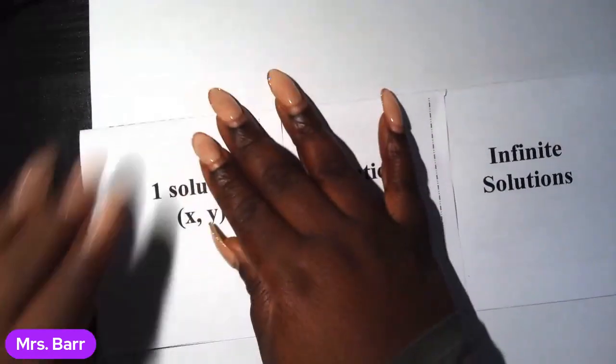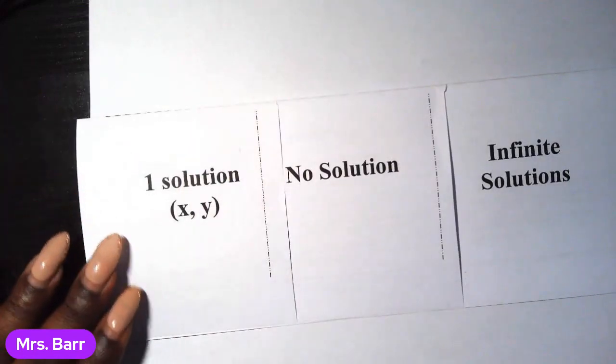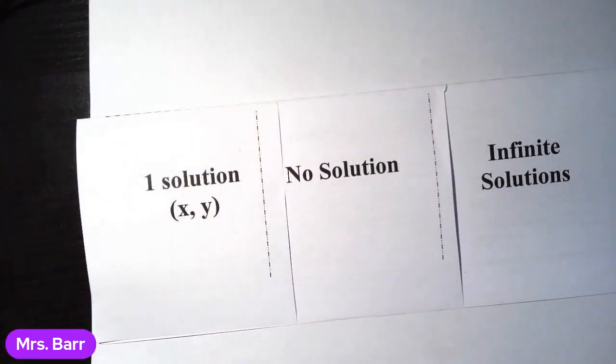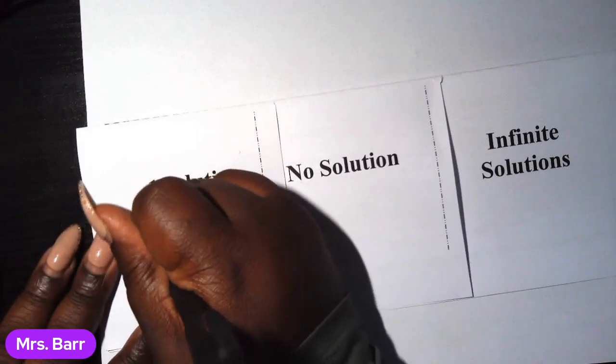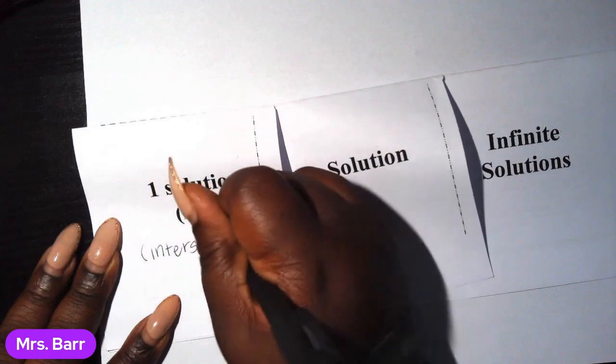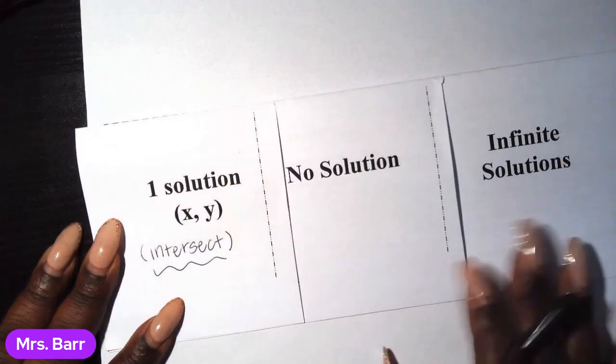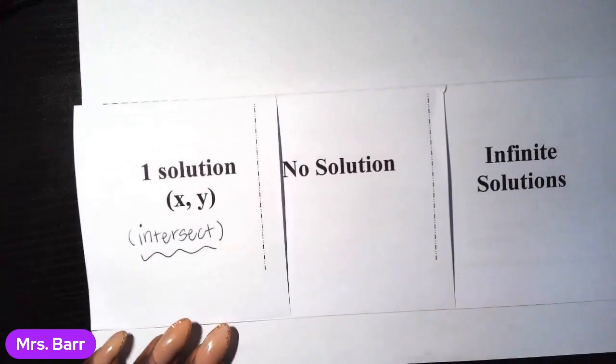Before we go to the next piece, we want to make sure that we identify that anytime we are going to have one solution, it means that the graph must intersect. Super important for you to remember, okay? The two lines will be intersecting.